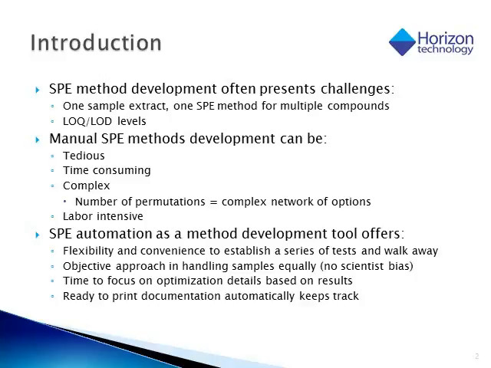There's also the added benefit of giving time for the researcher and scientist to focus on optimization details because the method development part is already being performed on the instrumentation. Based on the results, you can change things. And then obviously keeping track of all of the method development permutations and optimization that you're going to be doing, the ability to print out the documentation from the software is key.